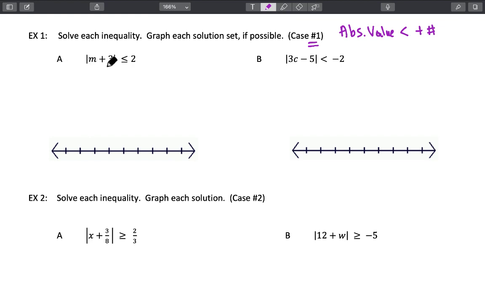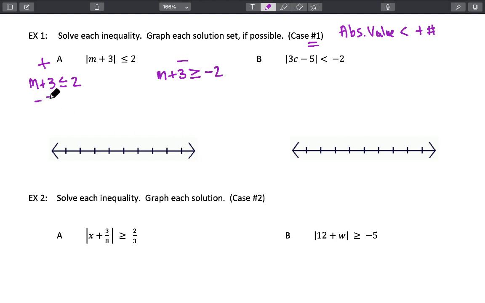Our absolute value is isolated, and we're going to create our two cases. m plus 3 is less than or equal to 2. There's our positive case. Now, when we create the negative case, we need to reverse the inequality symbol. We have m plus 3 is greater than or equal to -2. And there's our negative case.